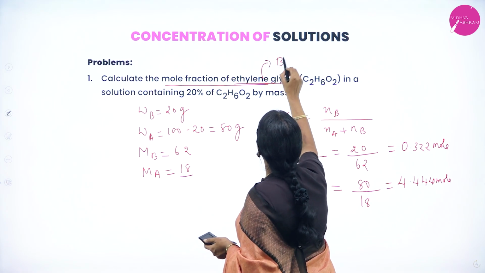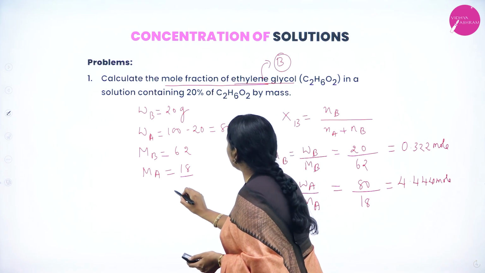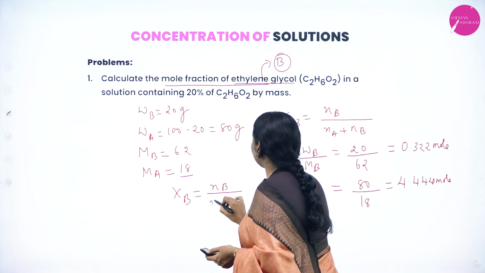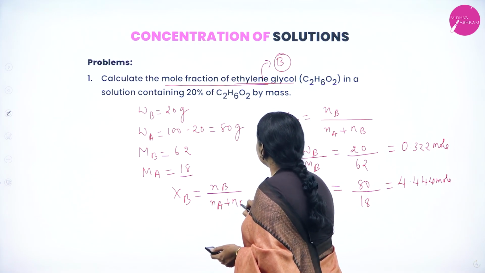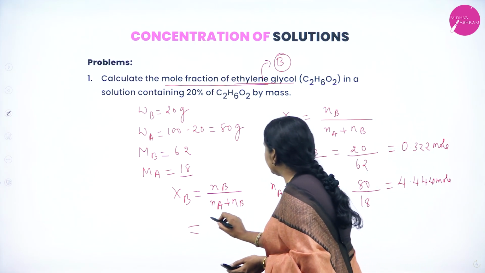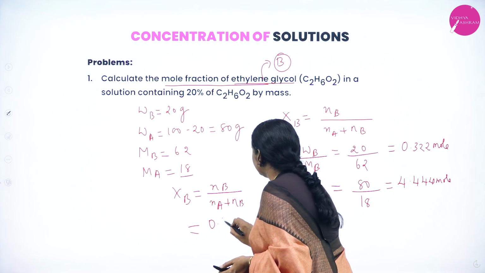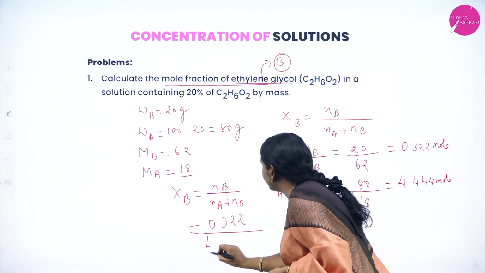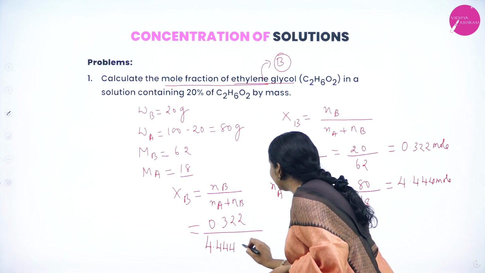Now we have to calculate the mole fraction of ethylene glycol. Ethylene glycol is a solute, considered as B. Therefore, the formula is XB is equal to NB divided by NA plus NB. NB is 0.322, NA is 4.444.